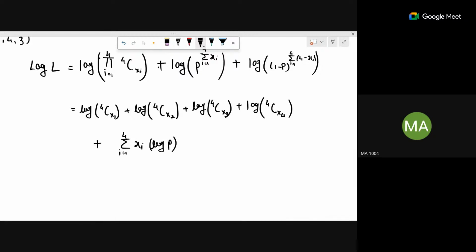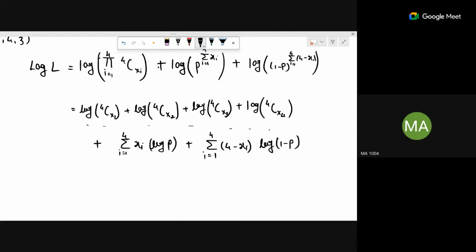Did you notice one thing? What are we going to do next? This term is almost going to be 0. What's our next step after writing the log L? We'll differentiate it with respect to p, and in that case all this constant term will vanish. So you can even skip that portion initially, plus log of 1 minus p.